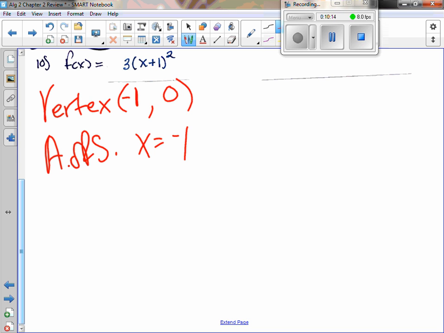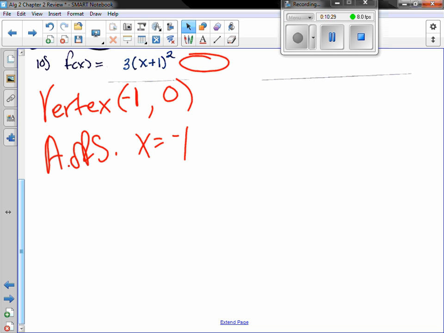We switch the sign because we're pulling it out of the parentheses. And since there's nothing being added to it or subtracted from it, it is 0 for k. And x equals h, since h is -1, we have our answer here. Any questions on these here so far?